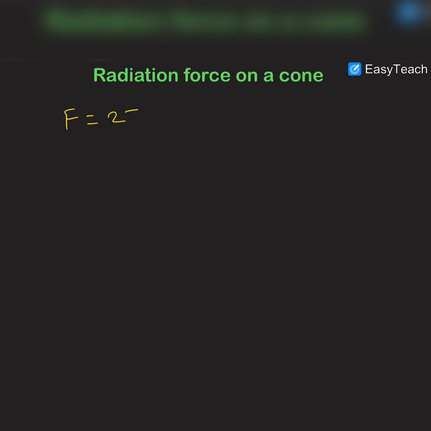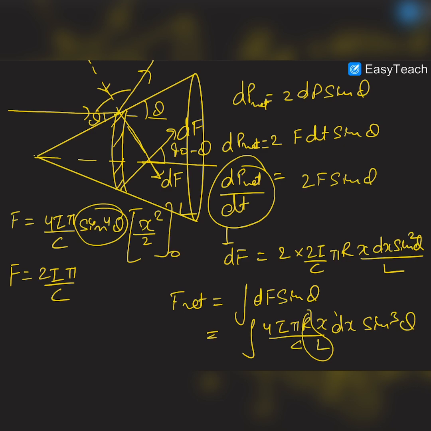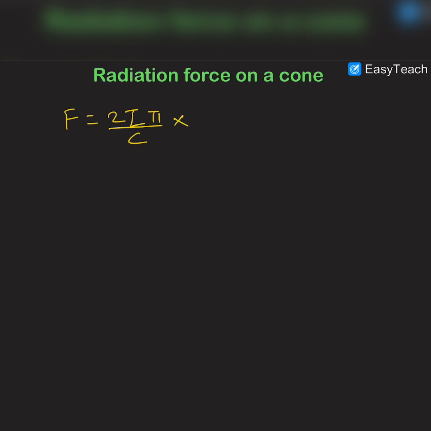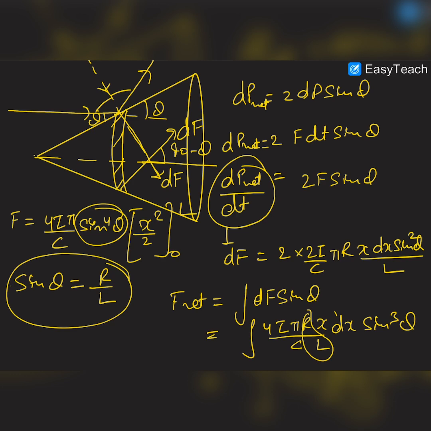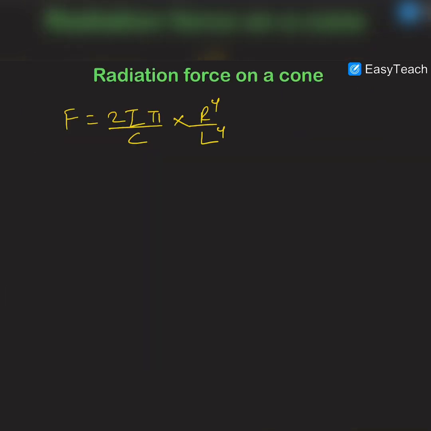F is 2I pi by c, and sin to the power 4 theta, and sin theta is equal to r by L. So sin to the power 4 theta is r to the power 4 by L to the power 4, and the integration of x dx will give this L square.